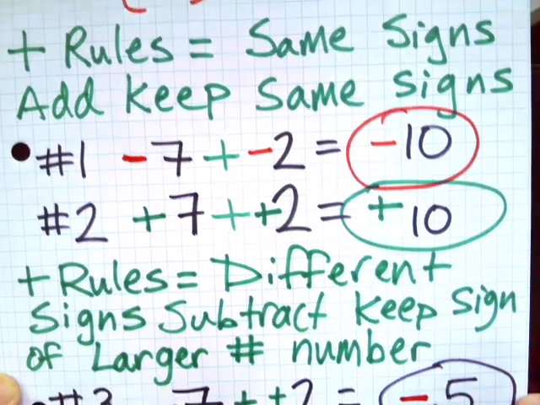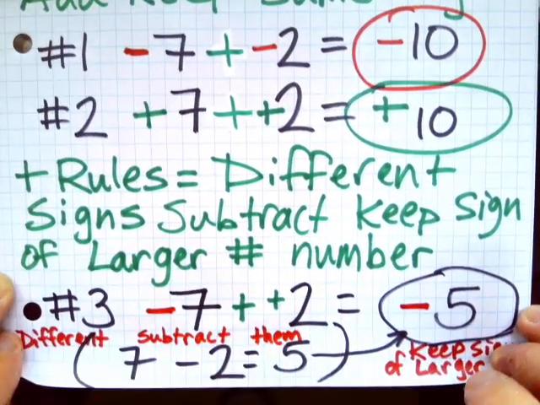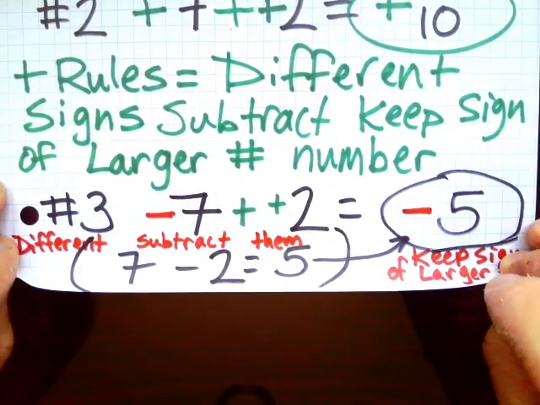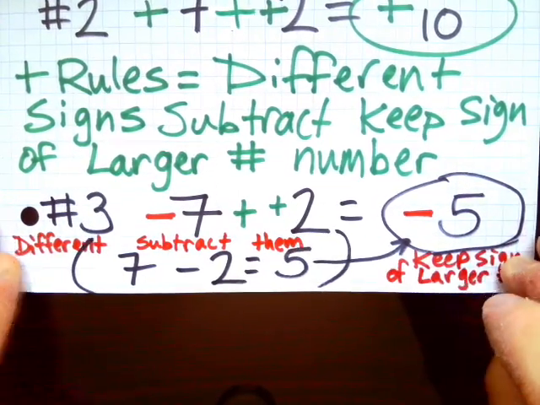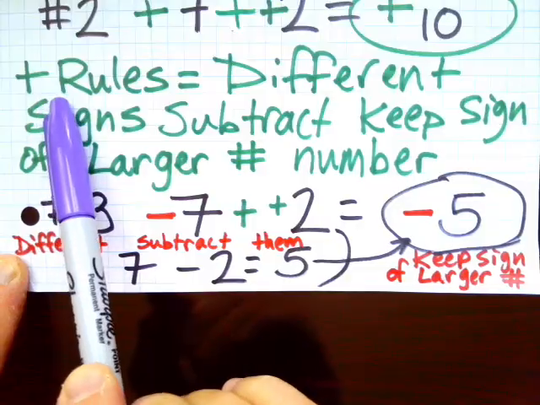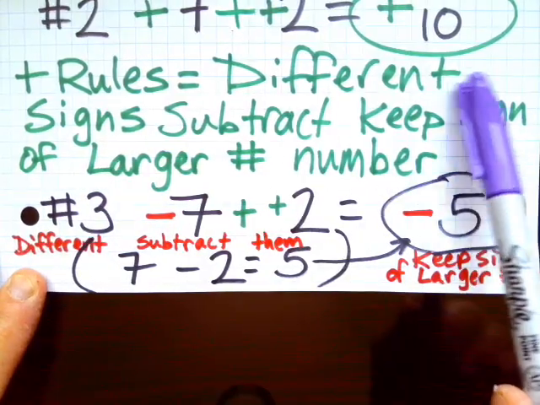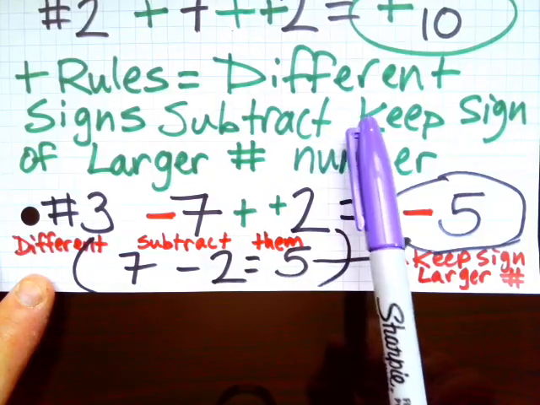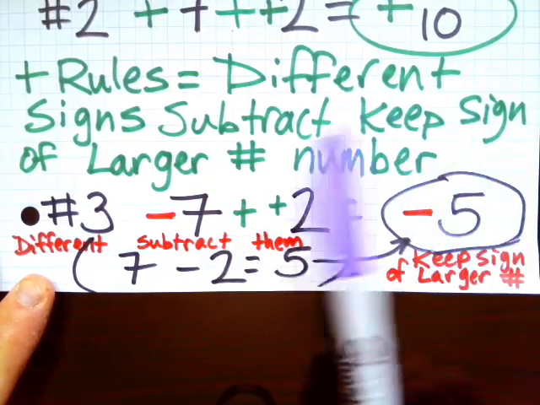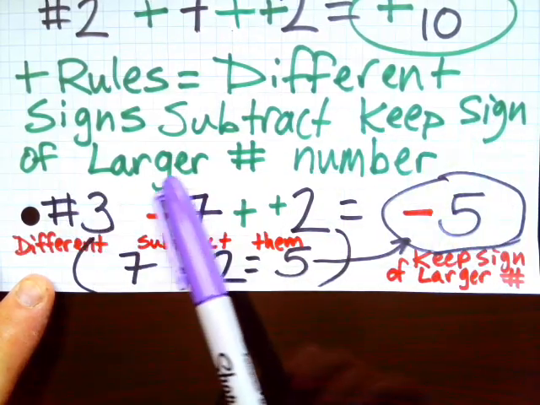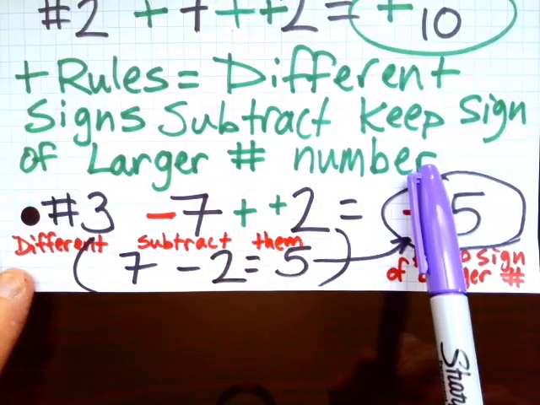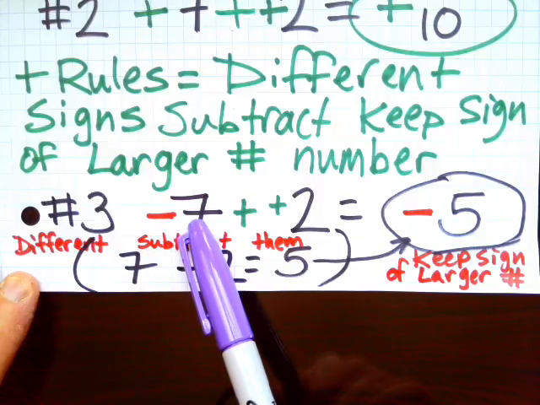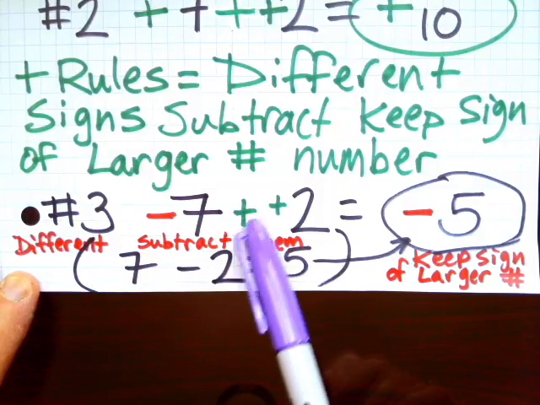The other rule for adding I'm going to show you is here. Different signs, right? Again, this is the second part to the adding rule. If it's different signs, you just subtract those two numbers and keep the sign of the largest number. So here's an example. -7 plus, again, these are adding rules.